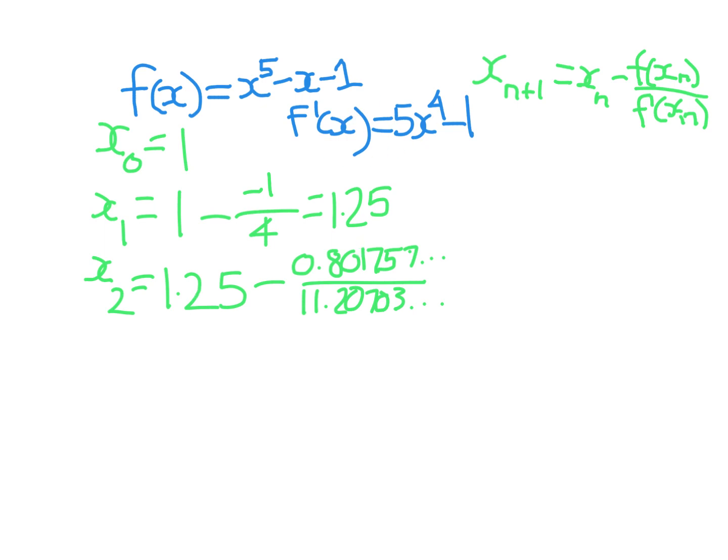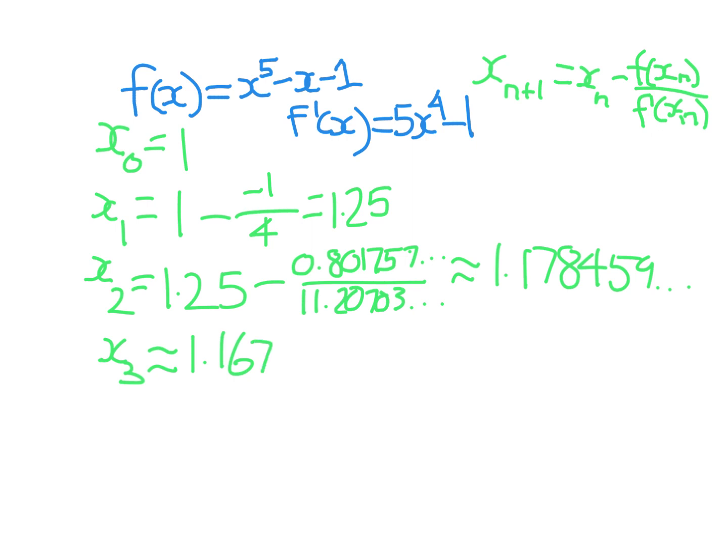Putting this on our calculator, we get about 1.17845 and so on. Then we do the same process again. If we do that, we get about 1.1675.